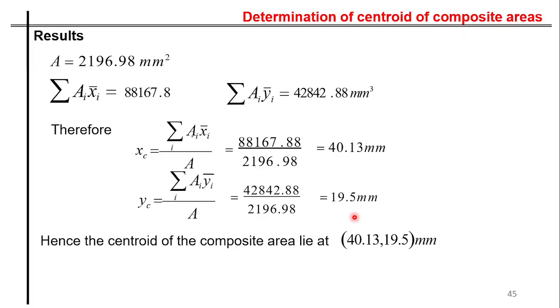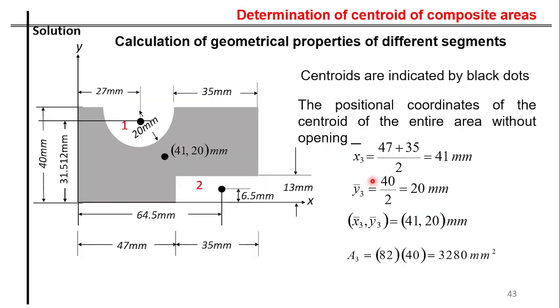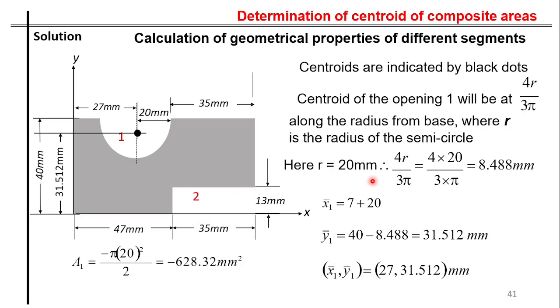Okay, so that is all about this problem. See, this is what you will be doing for composite areas. This table you need to memorize. This table you need to understand. Writing down this heading is not a big task, but in order to fill out these details, you need to do this much brain work.